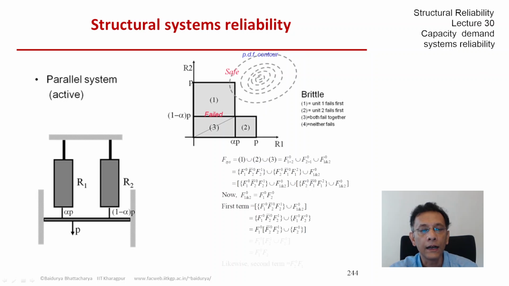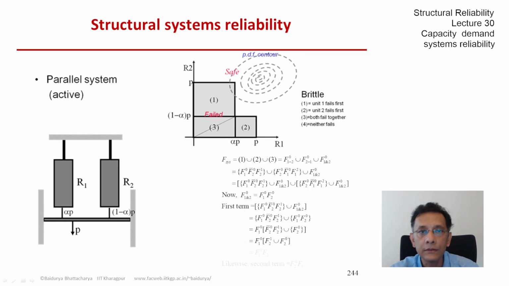And then we also see that in those events inside the square brackets, we have F02 complement and F02, so the same event and its complement. So it further simplifies to the union of F12 and F02.